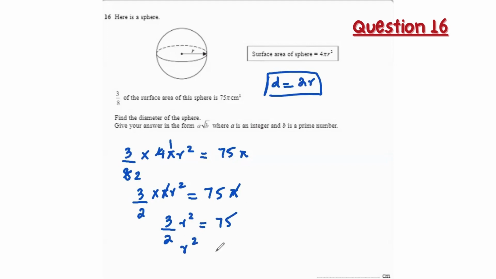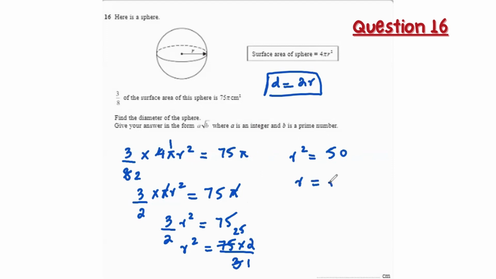So to make r the subject, we first multiply 75 by 2 and then divide it by 3. So r squared is going to equal 50, because 3 ones are 3 and 3 25s are 75, and 25 times 2 is 50.